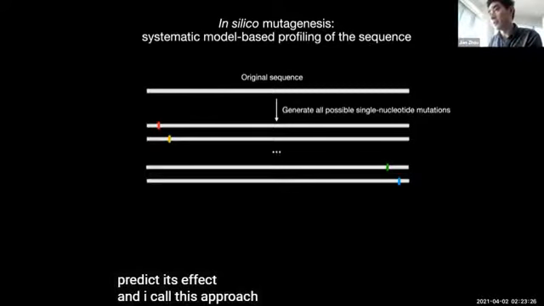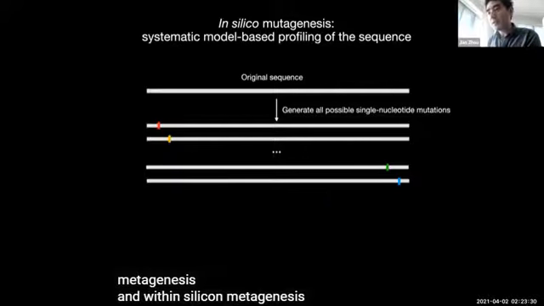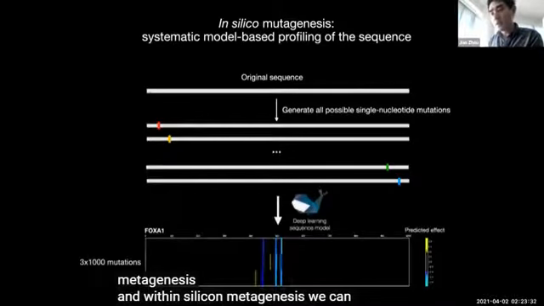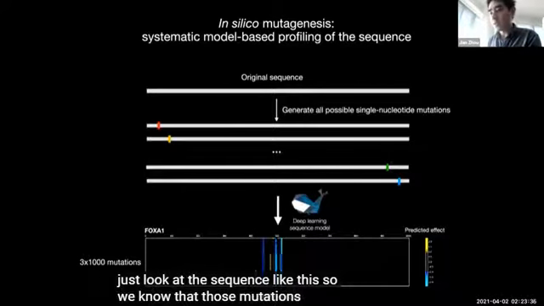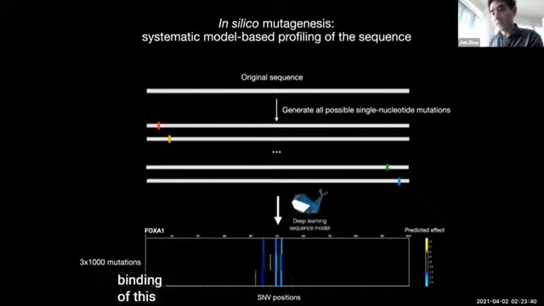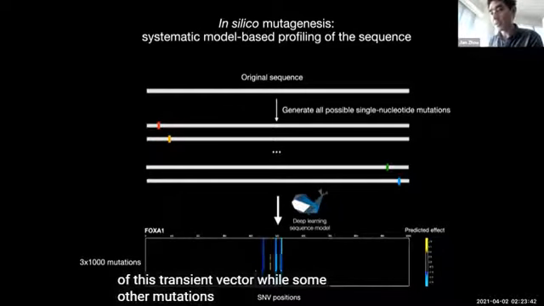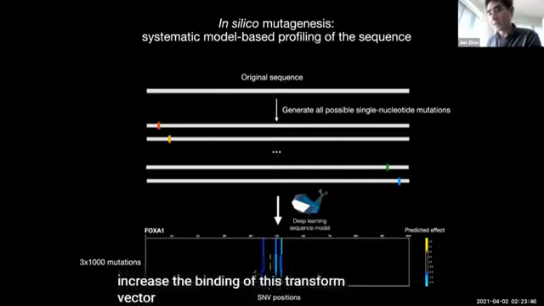I call this approach in silico mutagenesis. With in silico mutagenesis, we can just look at the sequence like this. We know that mutations at those positions will decrease the binding of this transcription factor, while some other mutations will increase the binding of this transcription factor.